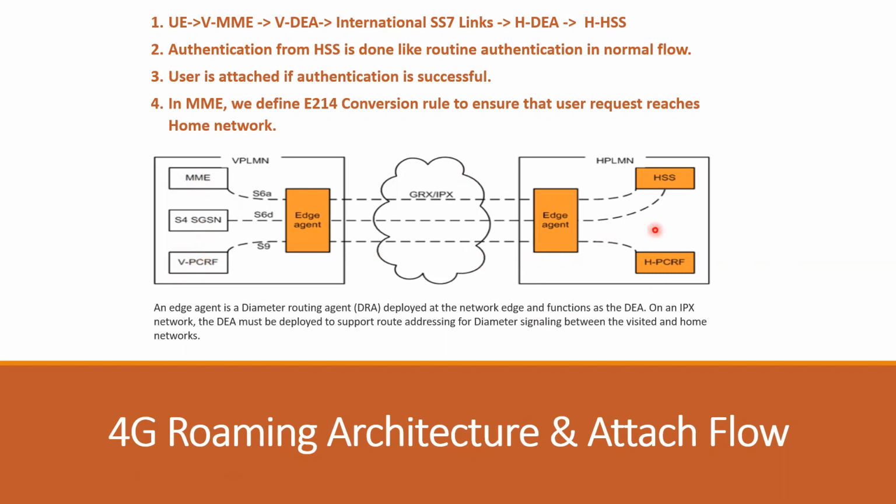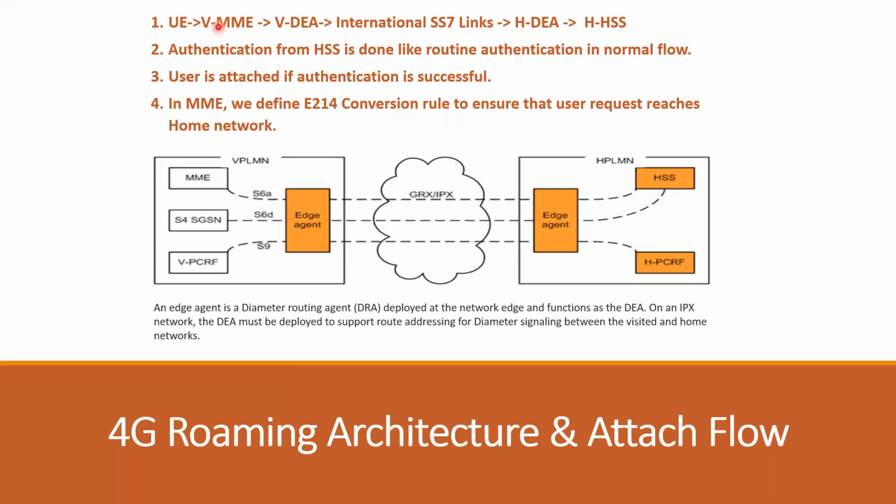Usually we are using home PCRF and home OCS. Your MME is basically connected to an edge agent. The edge agent is connected to your GRX and IPX provider, which is then connected to your home edge agent, and the home edge agent is connected with your HSS.